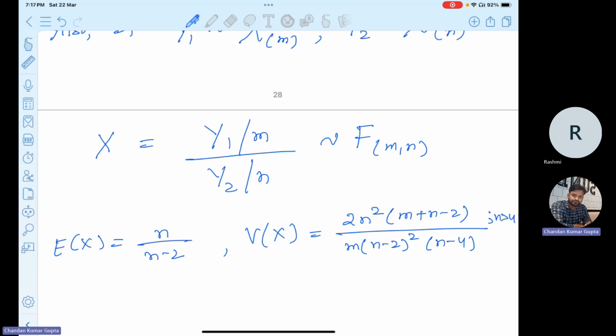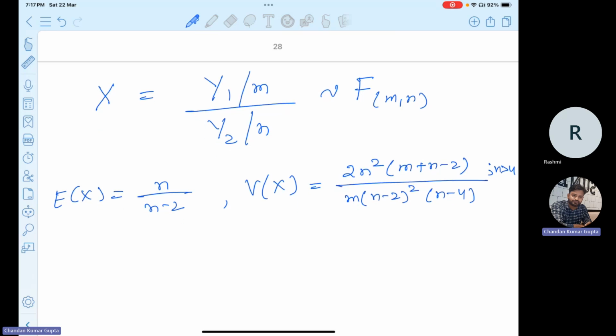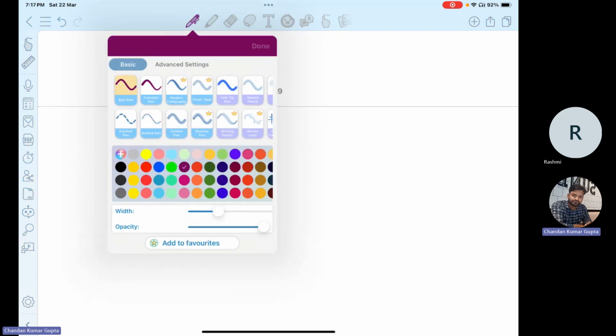So this is how we calculate the mean and variance of the f distribution. You can calculate the third and fourth order moments also, but it is quite a tedious job, so let's omit this part. These are the three distributions. We have some remarks actually, so let me write some remarks and then we will solve some questions.